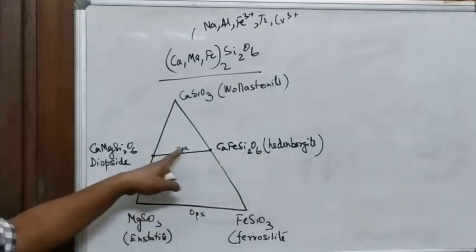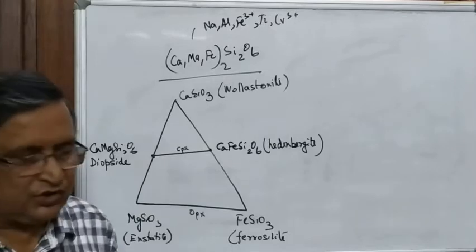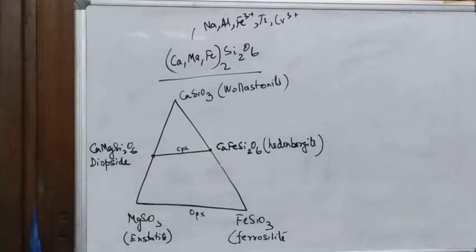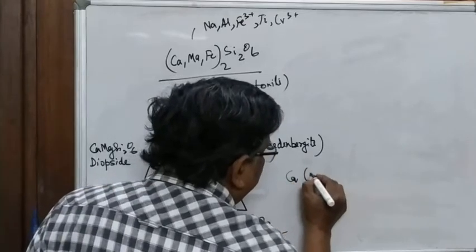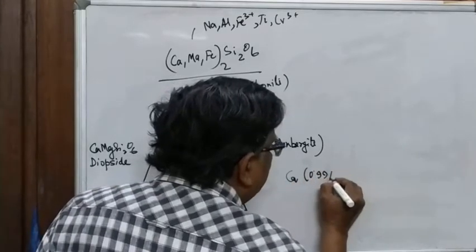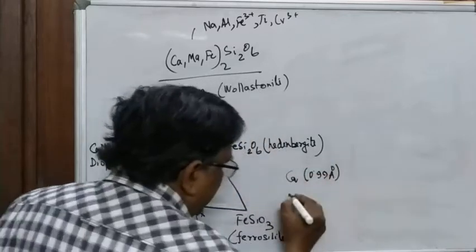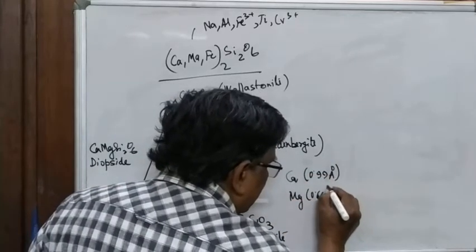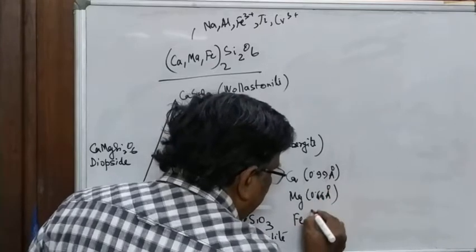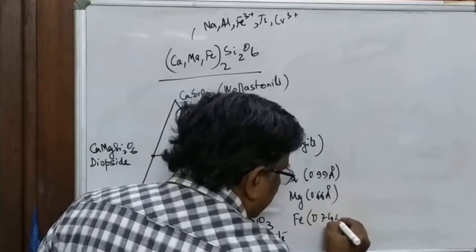These two are called clinopyroxene because, once again, calcium has an ionic radius of 0.99 angstroms. Magnesium is 0.66 angstroms and iron is 0.74 angstroms.